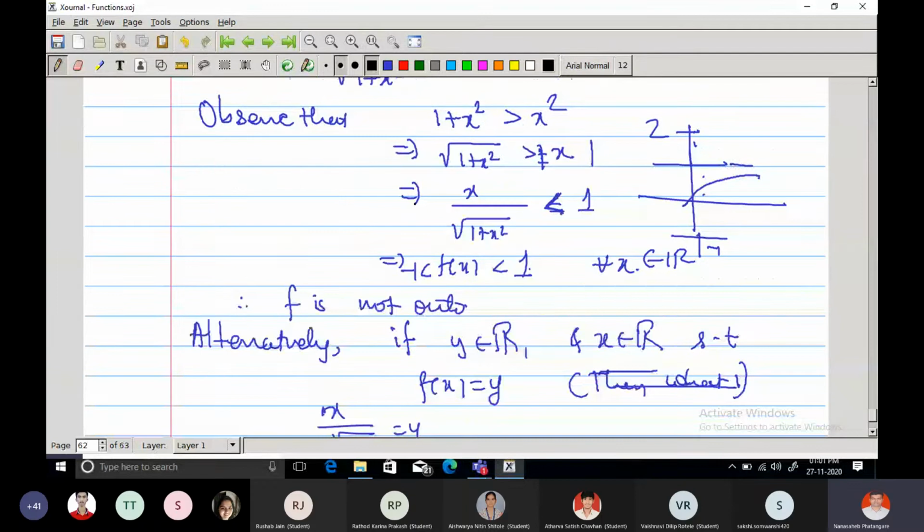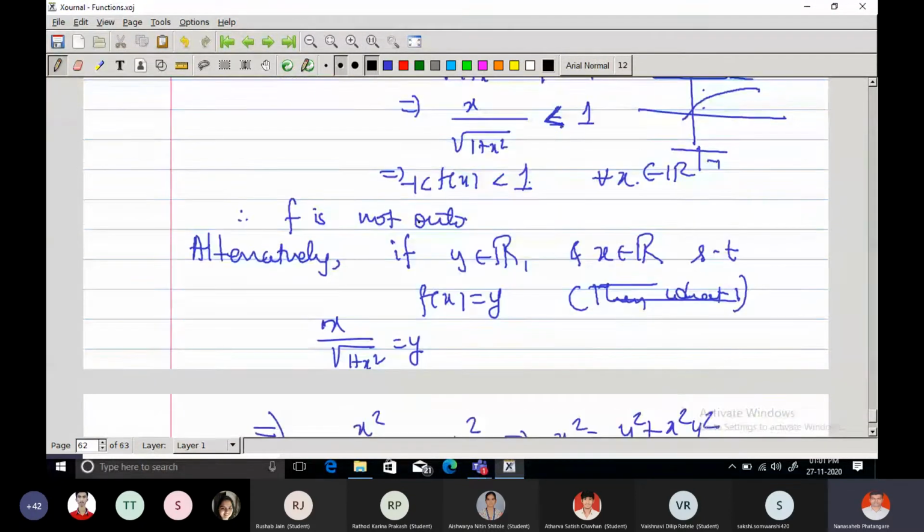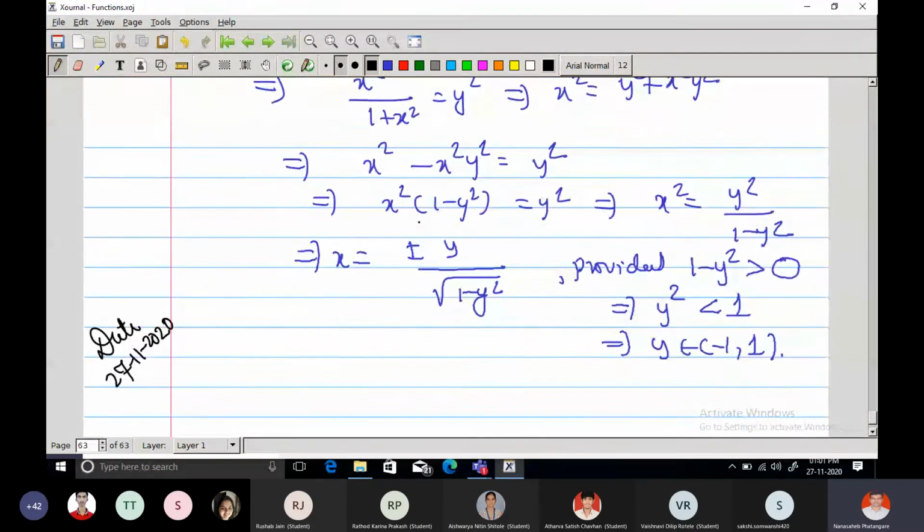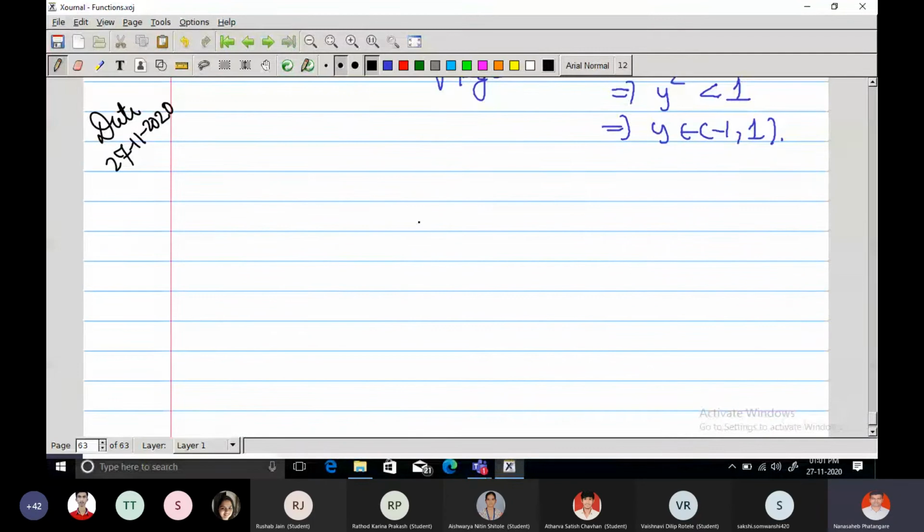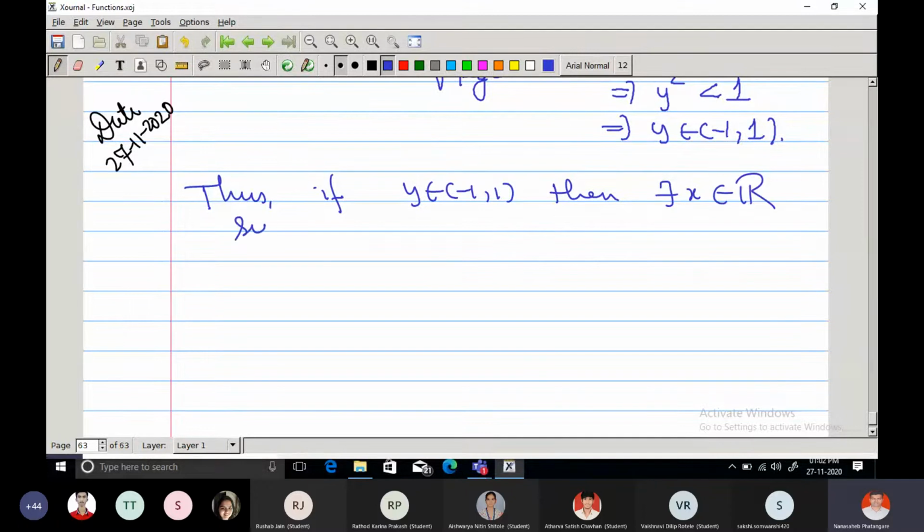So thus what we came across: if y belongs to (-1, 1), then there exists x in the domain such that x is equal to... what is the preimage of y?